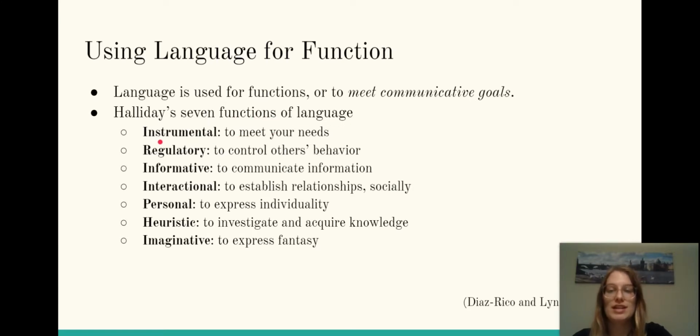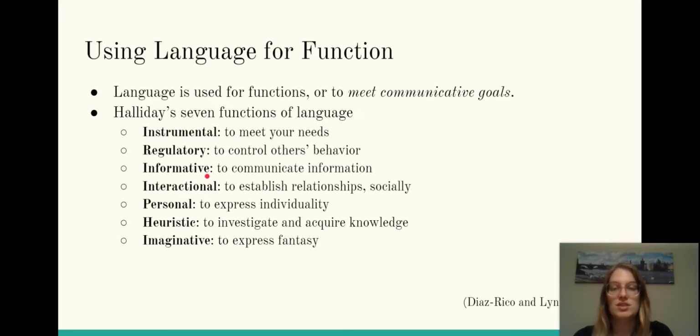One is instrumental. It's to meet your needs, to get what you want, and that's what you're using language for. Another one is regulatory, to use language to control other people's behavior. Maybe it's a parent trying to control the behavior of the child, or if you're leading a group, you're trying to regulate the behaviors of the people in the group.